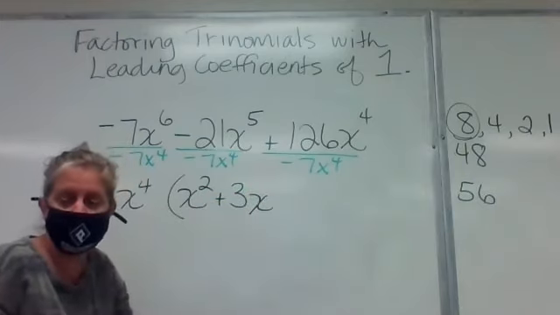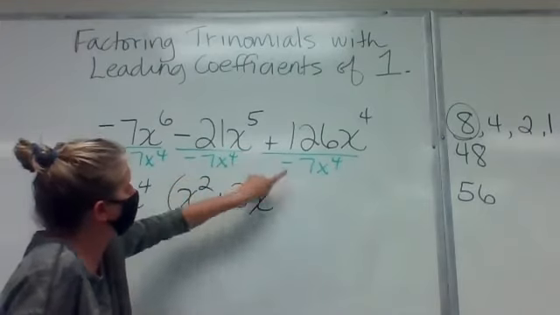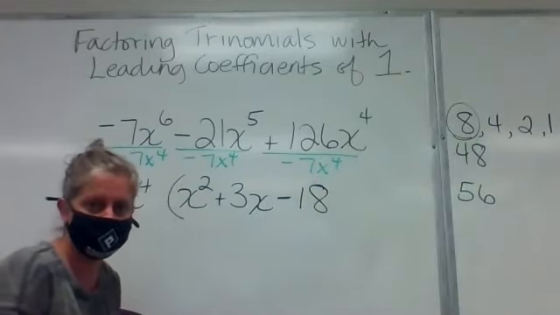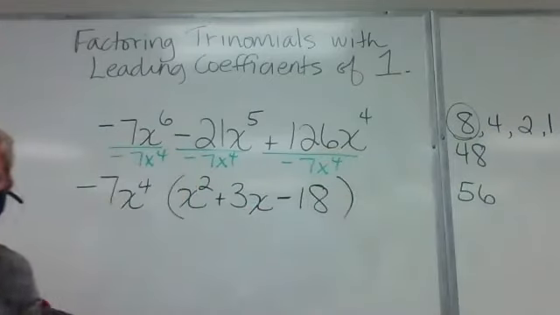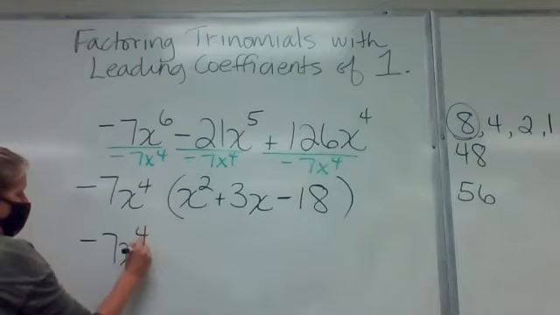I just did that in my calculator and it gave me 18. So it's a positive divided by a negative, which makes it negative 18. I had x4, but I pulled out x4, so nothing's left. So negative 7x to the 4th is part of my answer.